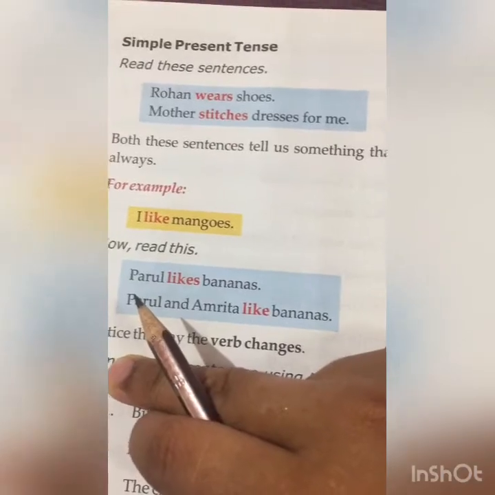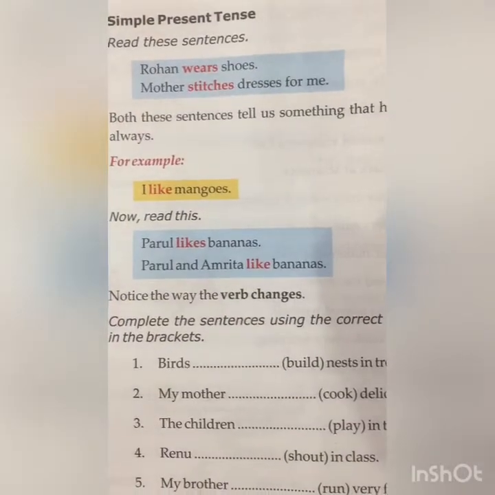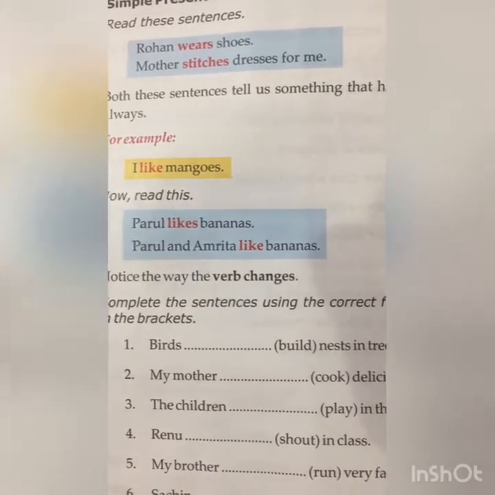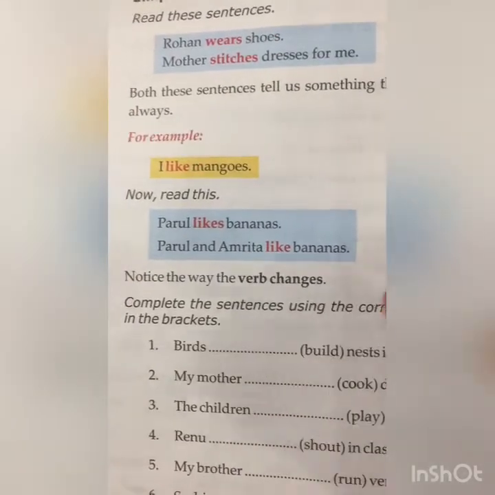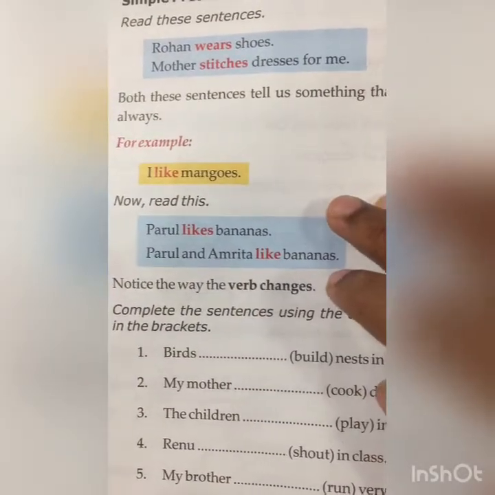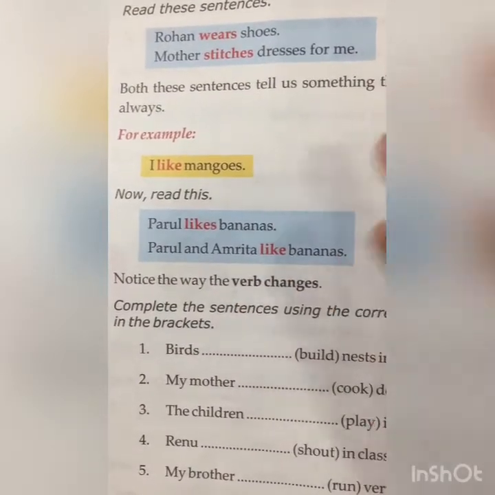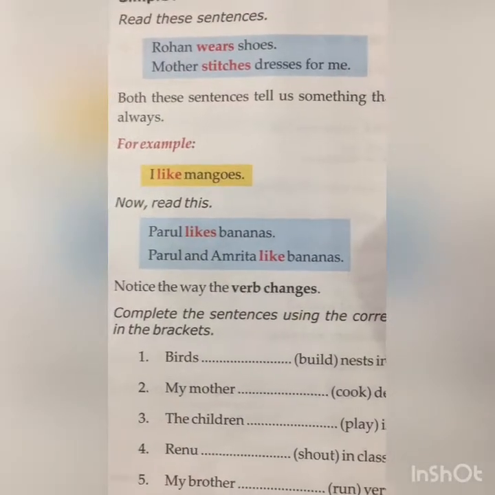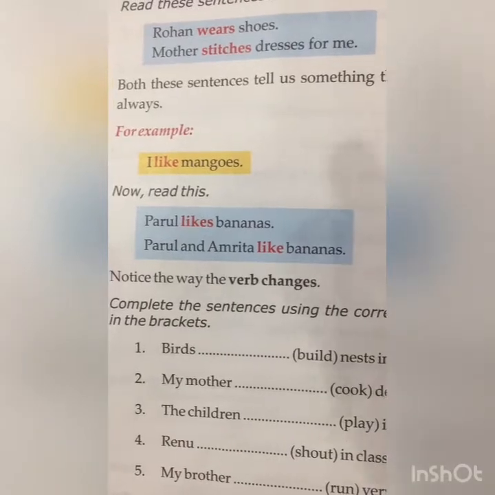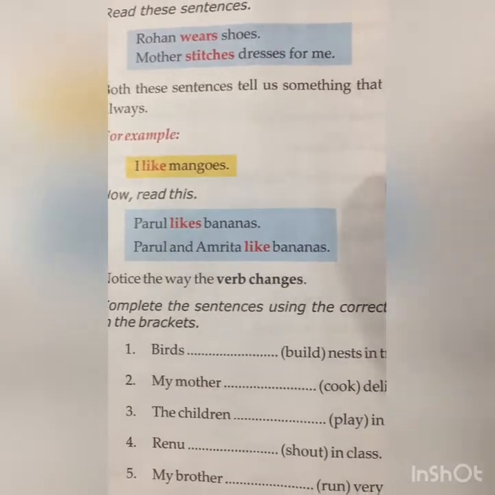Here, okay, now these two sentences tell us something that happens now, or about some habits, or some unchanging situations, and that we are calling simple present tense.